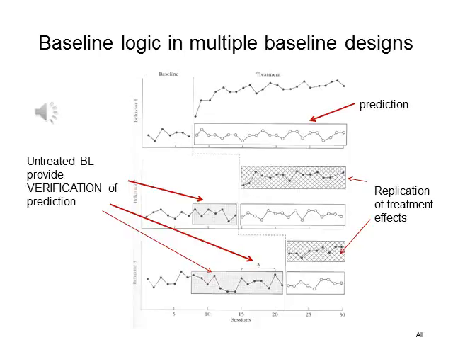It's much more likely that it's the intervention that's responsible for these changes. So by using the logic of prediction, verification, and replication, we can produce an internally valid design that allows us to say there's a functional relationship between behavior change and this particular intervention.